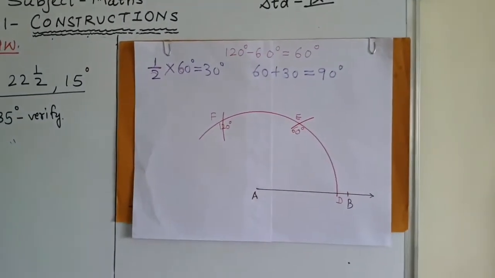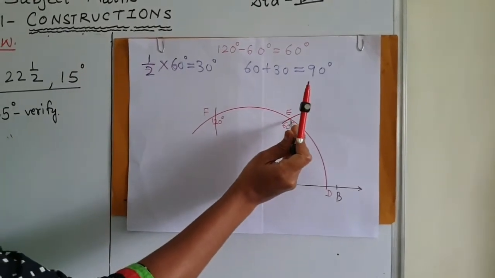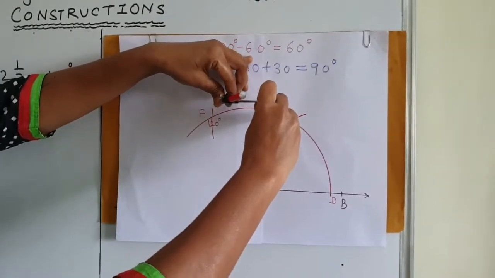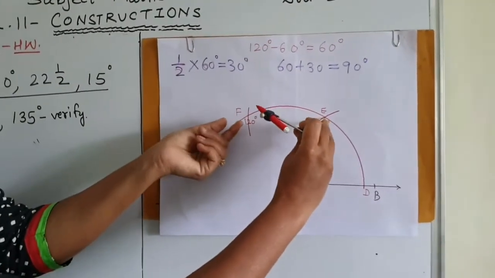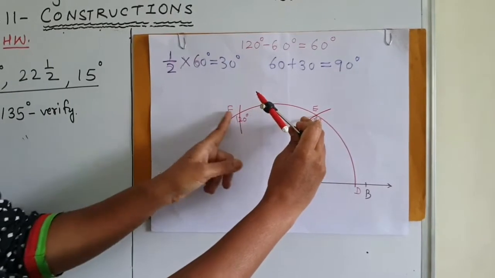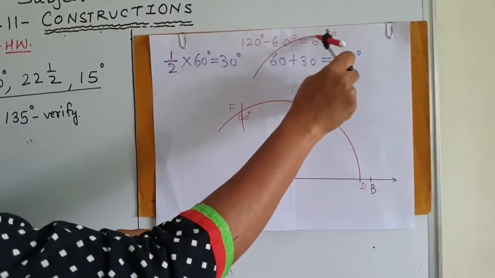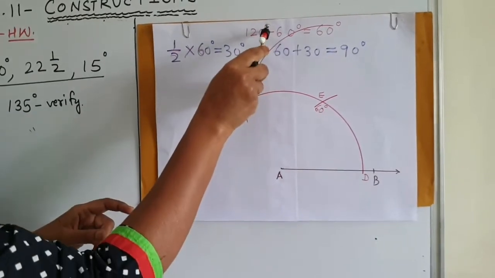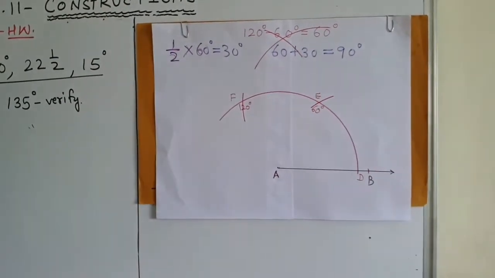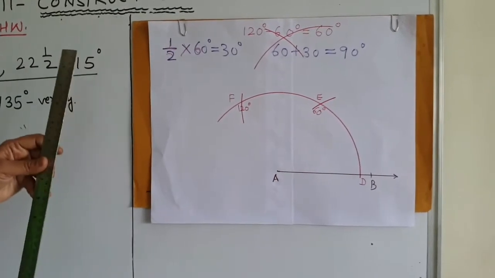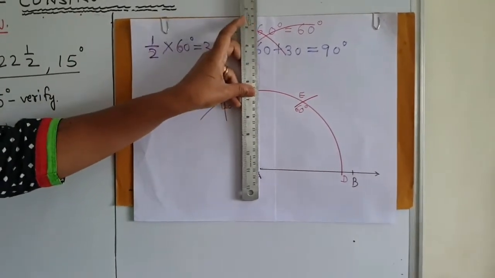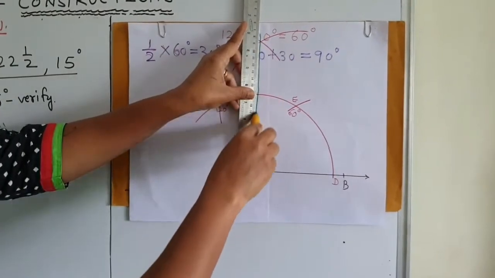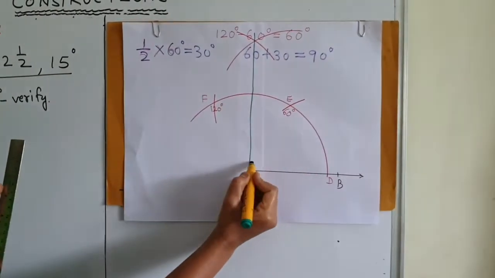So this is how, just see here, with E and F as centers and a radius more than half of EF, draw an arc from E and draw an arc from F. And this is how we get the intersecting arc, which is 90 degree.